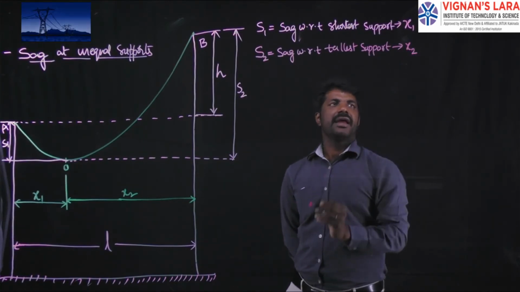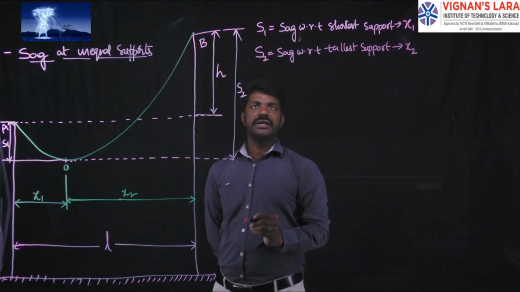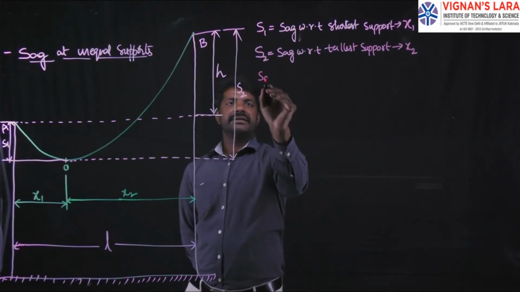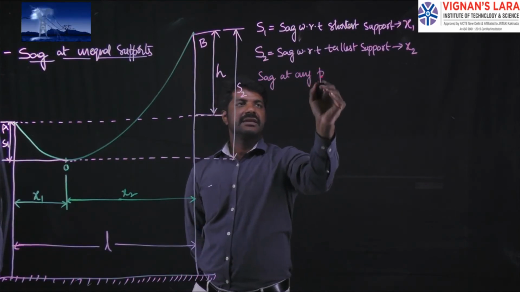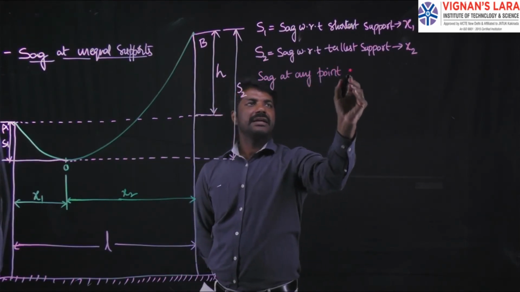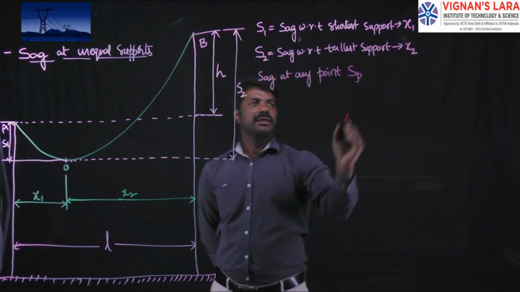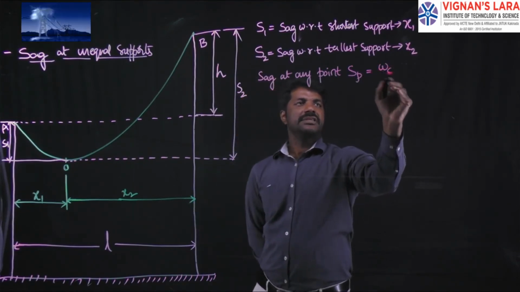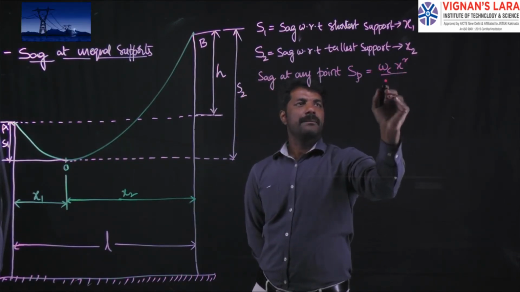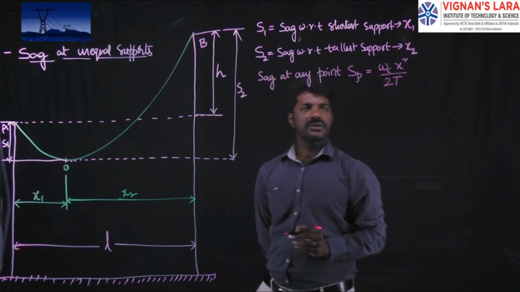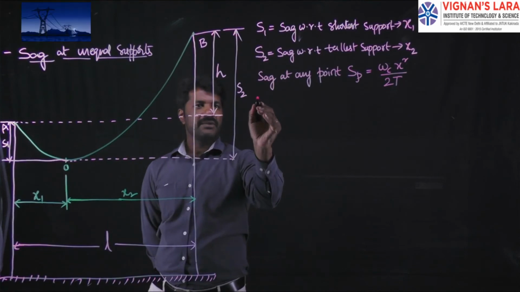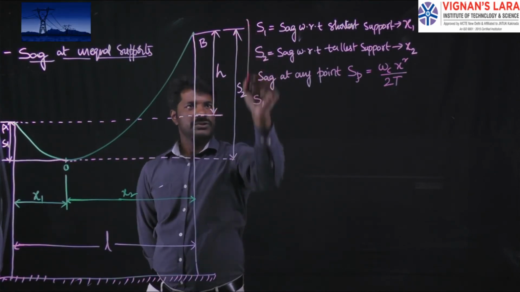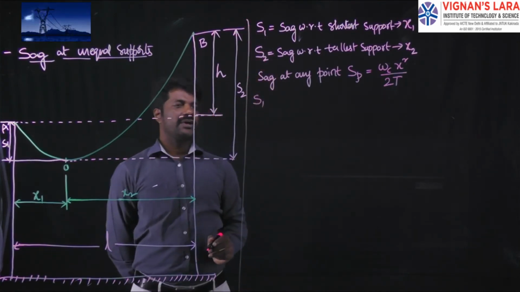As we know from the previous discussion, sag at any point on the conductor, called SP, is equal to WC x square by 2T. Here also T is the tension on the conductor. Now let me write the formula for S1.